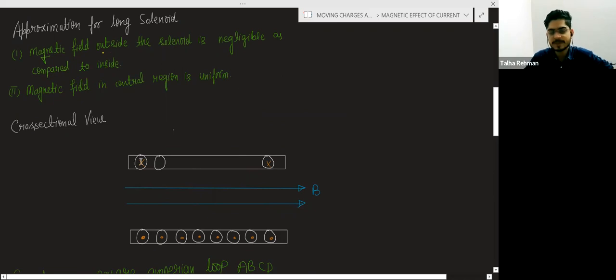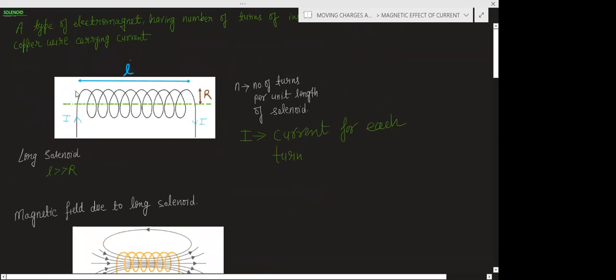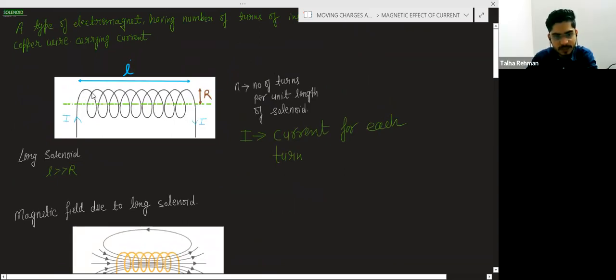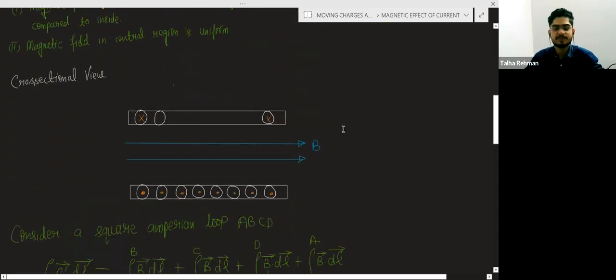This cross represents the current going inside the solenoid, and this dot represents the current coming out of the solenoid. From this figure you can imagine, suppose you are cutting this solenoid, so you will see at this point the current is going inside, and from here it will look like the current is coming out. So this is the figure.